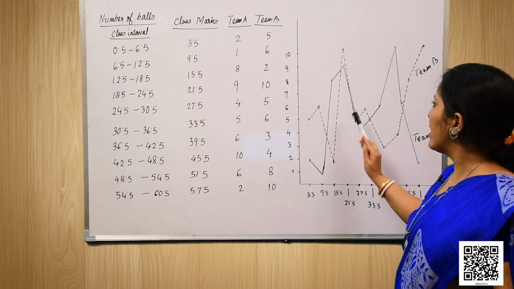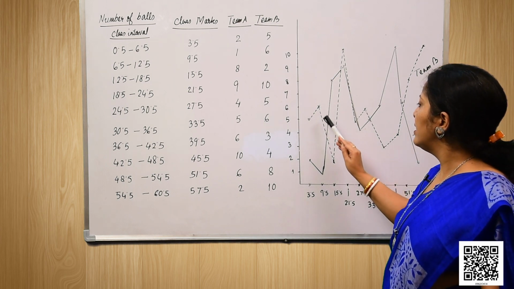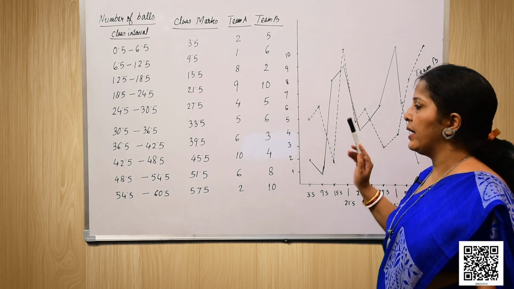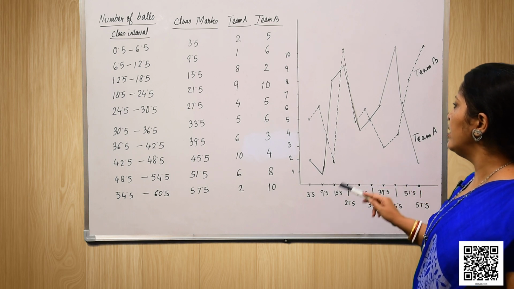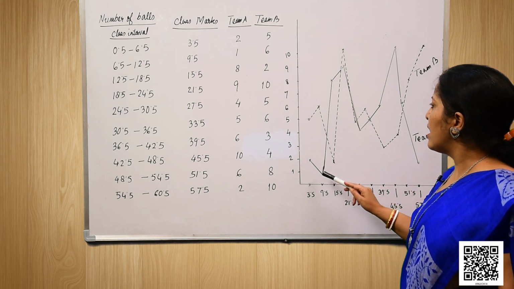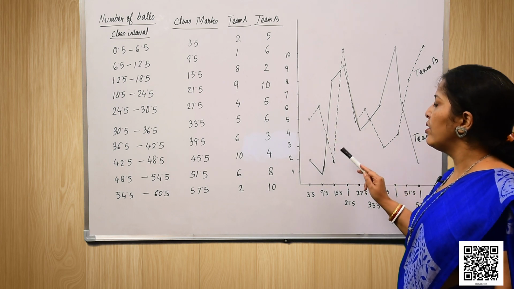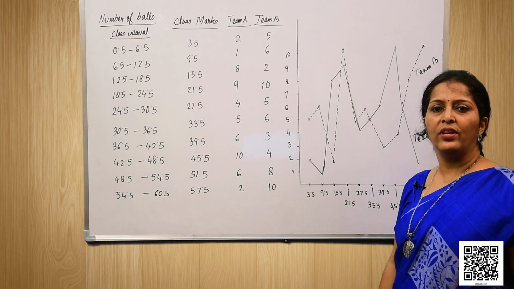Then next we are having 10, then 5 and so on. And this one, the line which is for team B, we join them by the dotted lines. So you can see here two frequency polygons on the same graph, the darker one for team A and the dotted one for team B. So I hope it is clear to you all.